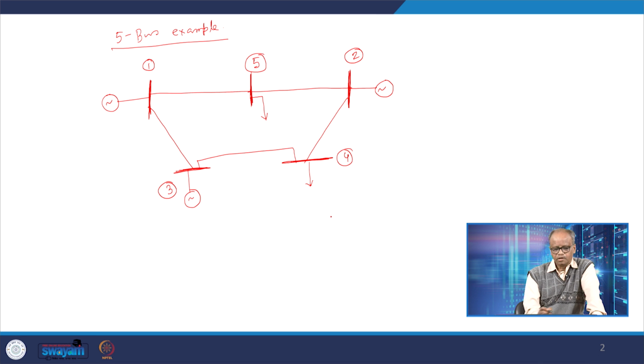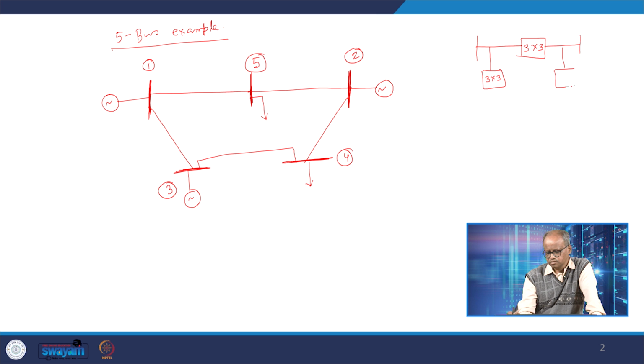So every line is represented by its equivalent pi model. If I have bus i and j, this pi model is a 3 cross 3 matrix, and this is also a 3 cross 3 matrix, and this is also a 3 cross 3 matrix.